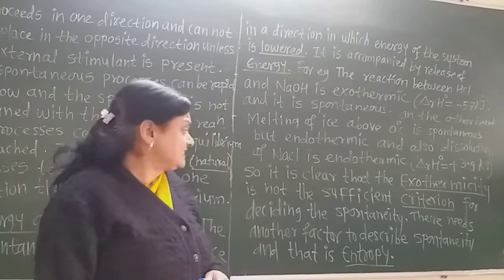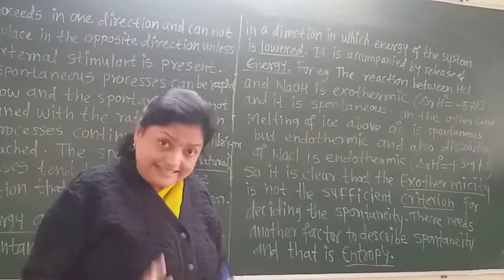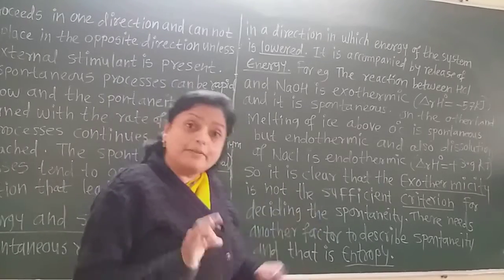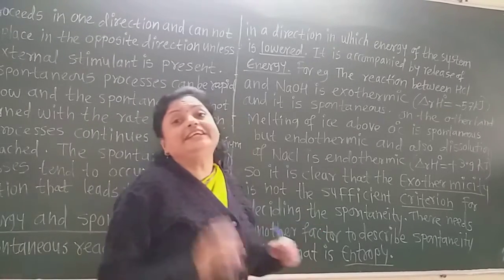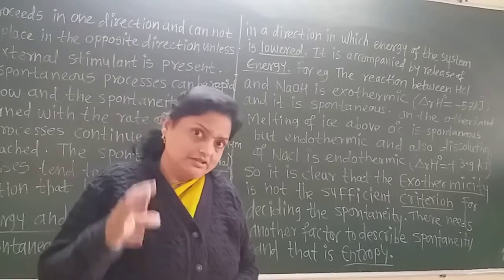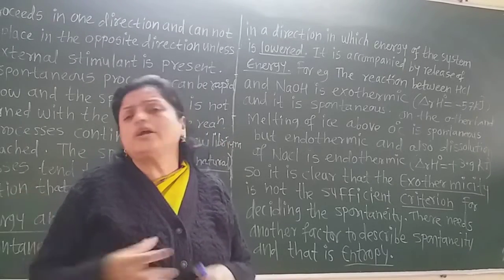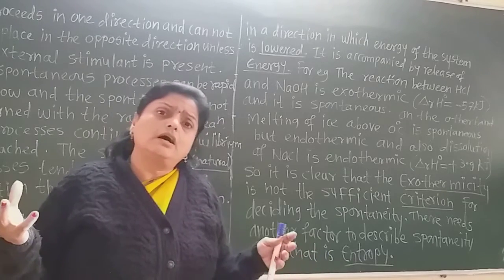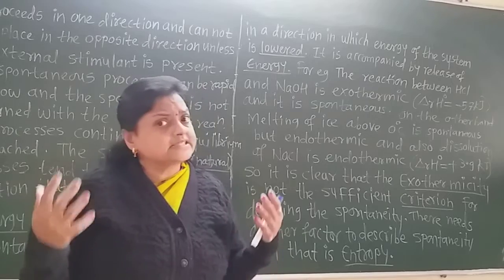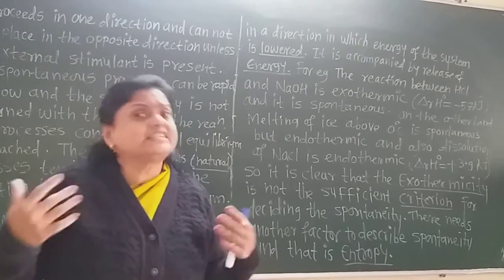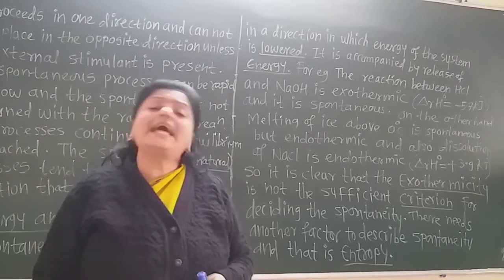So it is clear that exothermicity is not a sufficient criterion for deciding the spontaneity of the reaction. We might think that in a spontaneous reaction energy is always released, but there are some examples in which, though they are spontaneous, they absorb heat.